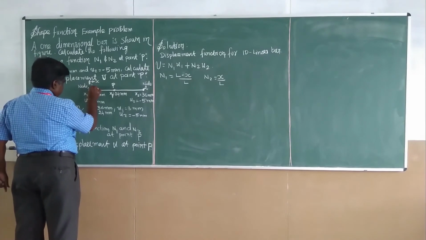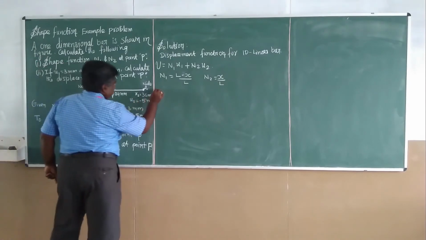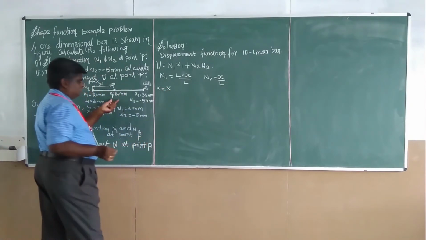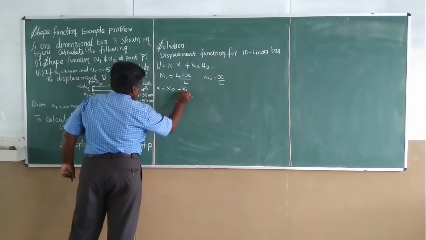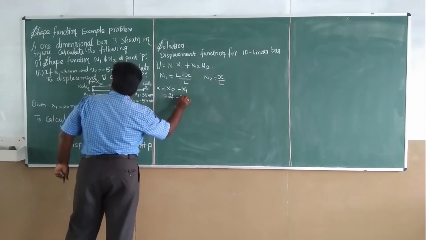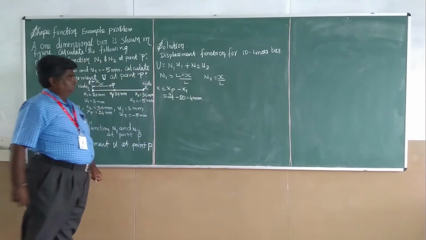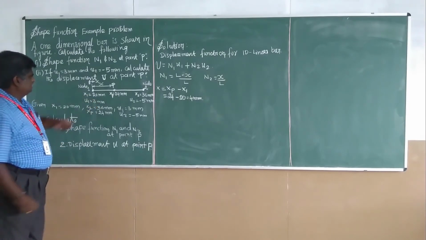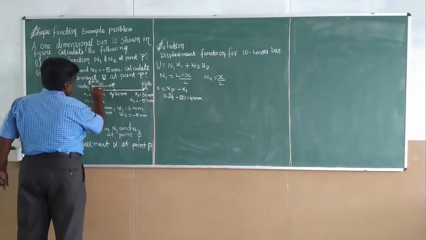We have to determine the x value, which is the x value at point P minus x1: 24 minus 20 equal to 4 mm. Next, what is the total length of the element?